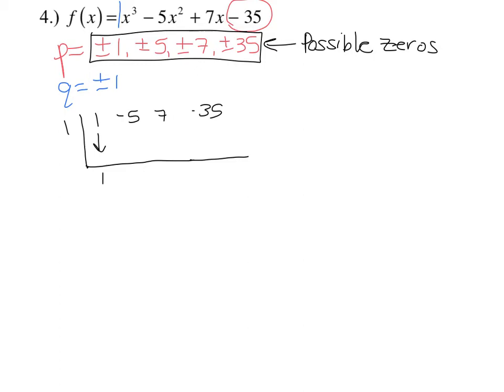It comes straight down. We're going to multiply these, put it under this column. We're going to add straight down. We're going to multiply these, put it in your next column. We're going to add straight down.